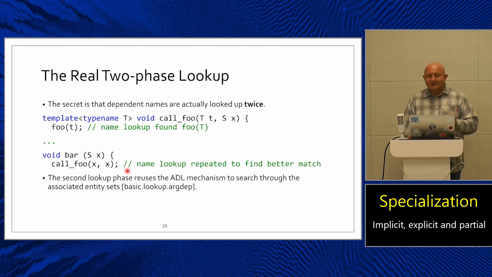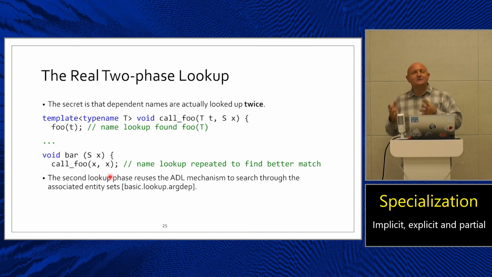And for this second lookup, the compiler reuses, you won't believe it, but it is argument dependent, so it is argument dependent lookup, ADL. The compiler reuses the argument dependent lookup mechanism. We've already seen how we use type deduction, and now we're using ADL.